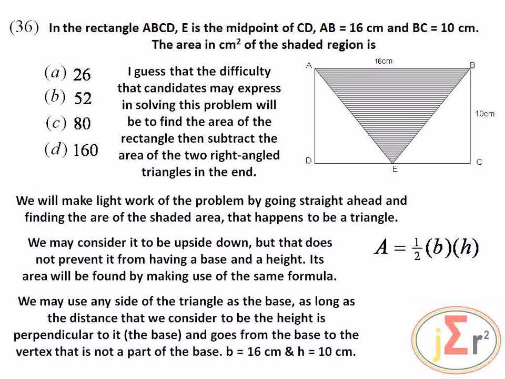As long as we have a triangle, we can use any side that we want to choose as the base. However, the distance that we choose to be the height must go from the base to the vertex that is not a part of the base, and it must be perpendicular to the base.